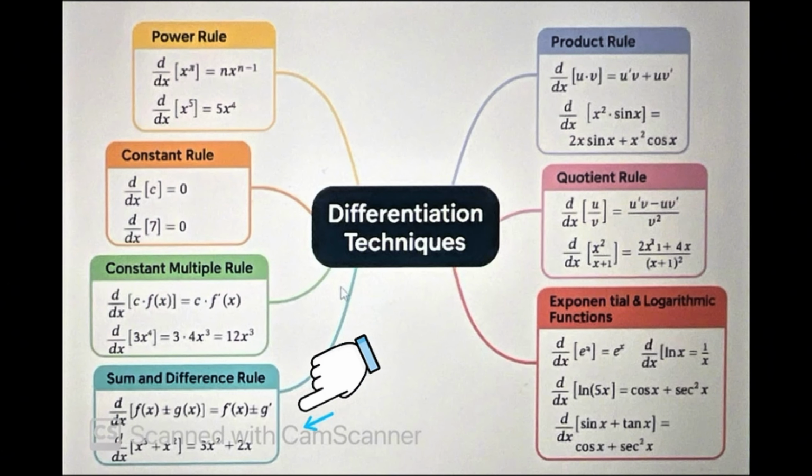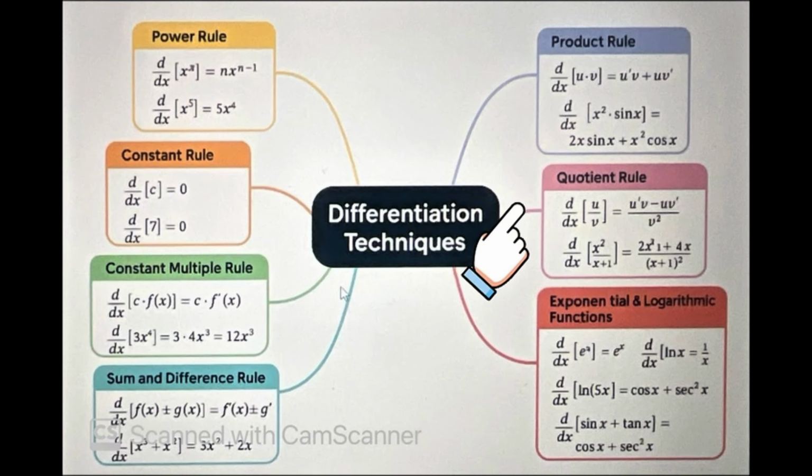The sum and difference rule allows us to differentiate each term separately. For example, the derivative of x to the power of 3 plus x to the power of 2 is 3x to the power of 2 plus 2x. This rule simplifies the process when dealing with multiple terms. For division, we apply the quotient rule.